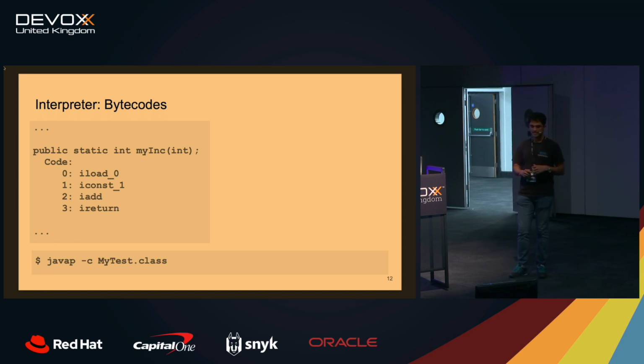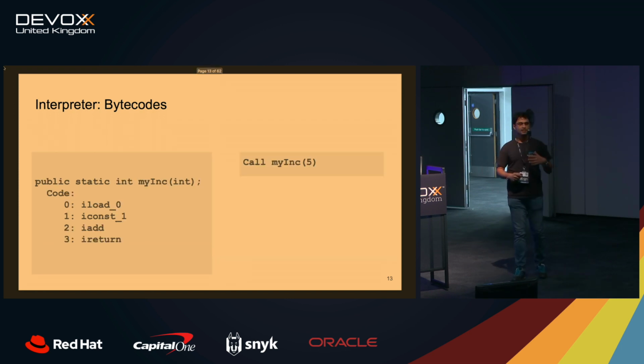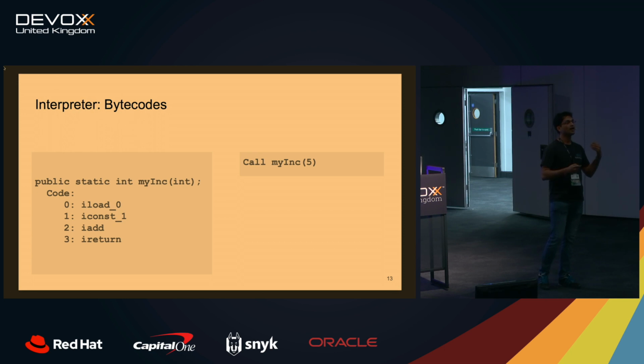Let's see how it gets executed when we call it with the argument 5. The interpreter executes a program as a stack-based machine, so all the operations are performed on the stack. All the bytecodes are the instructions for this machine, which performs operations on the stack. Bytecodes essentially say what type of operation you would perform on this particular stack.